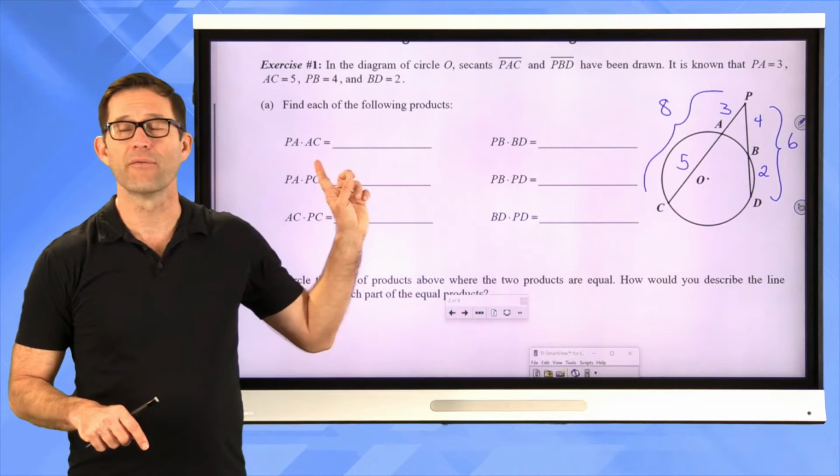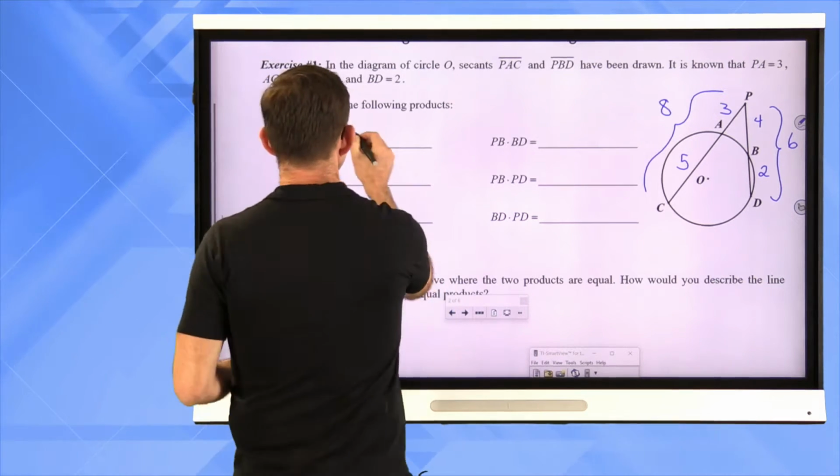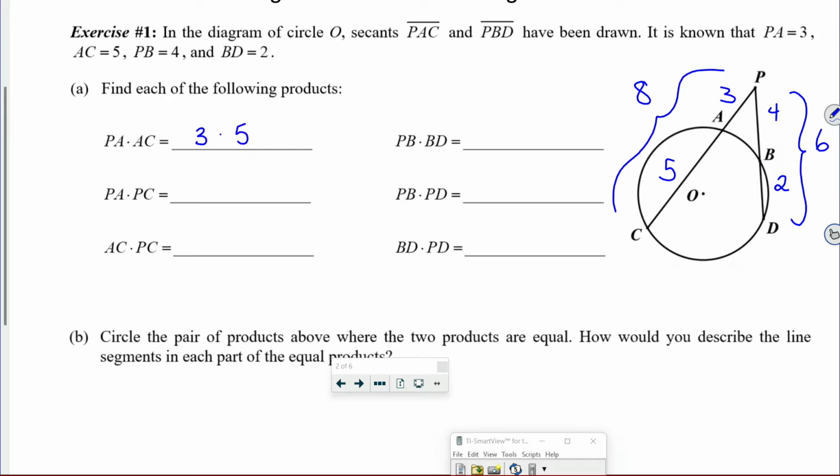Easy enough. PA times AC is 3 times 5, so that's 15. PB times BD is 4 times 2, that's 8. PA times PC is 3 times 8, which is 24.